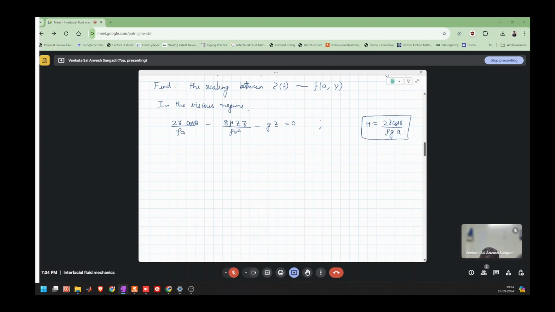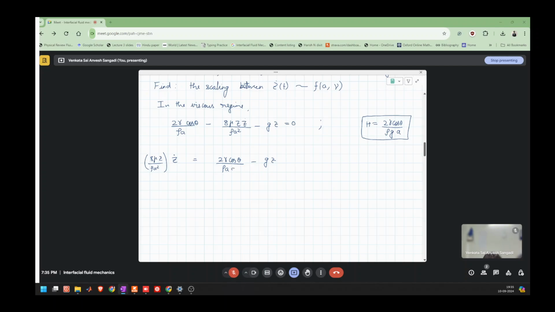Okay. Now, if we rearrange to get z dot, we have z dot is equal to 2 gamma cos theta by rho a minus gz, and we have 8 mu z by rho a square.